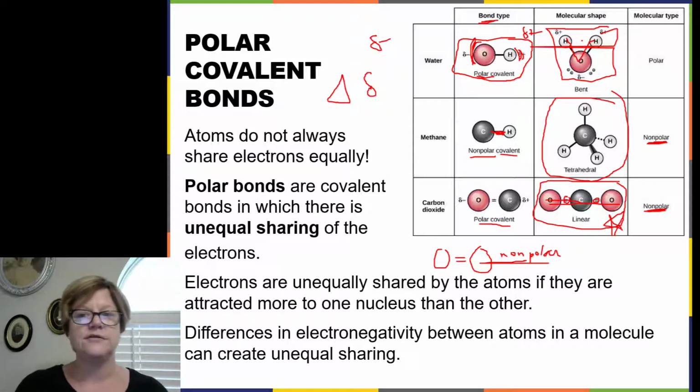But the one that you have to know and really just memorize is carbon dioxide. Even though it has two polar bonds, the whole molecule will be nonpolar. So that's weird. That one's a special one. They made a point to put it here. Okay. Carbon dioxide. And then oxygen, it's just nonpolar.